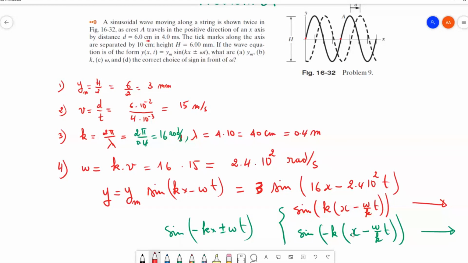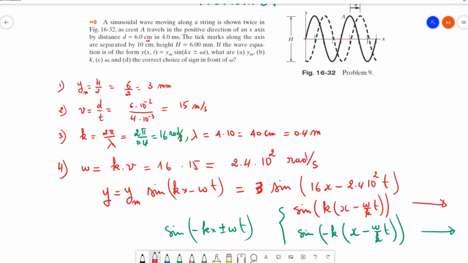The rule says that you need to see here x minus vt. If you see x plus vt, it will be to the left. So you need to take either k or minus k, depending on what you have here. Okay. So the important thing is what is in brackets inside here, x minus or x plus. Is it clear or a little bit confusing?